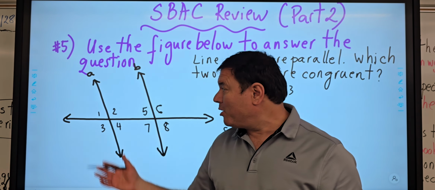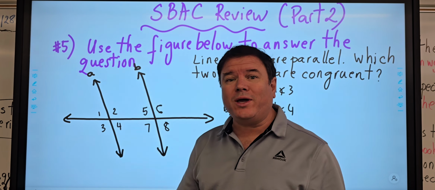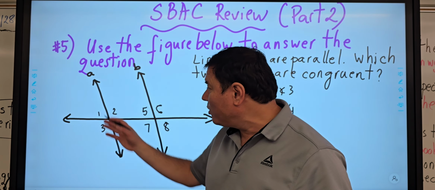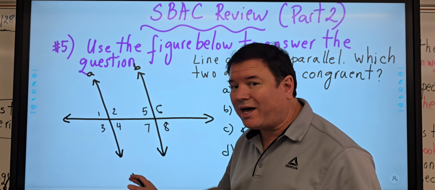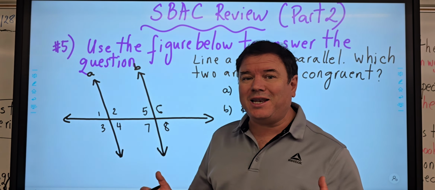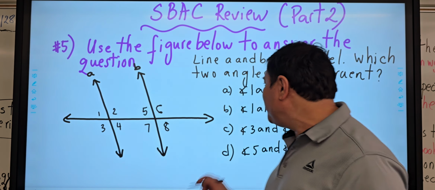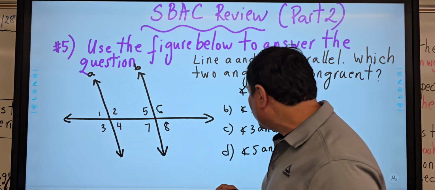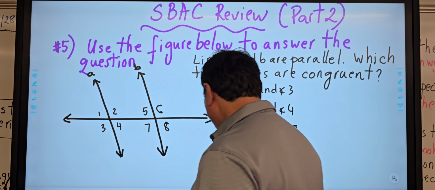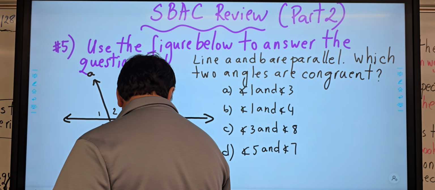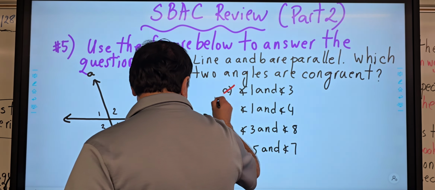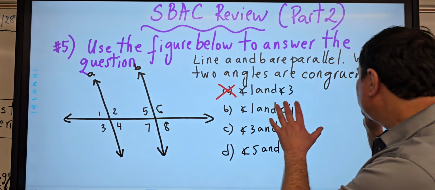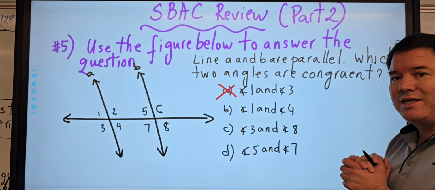But we know something about angle 1 and angle 3: if we add them together, we get a straight line, which is 180 degrees. But it cannot be the answer for our problem, so we are going to cross that answer out, because A cannot be the answer since those angles are not congruent or the same.